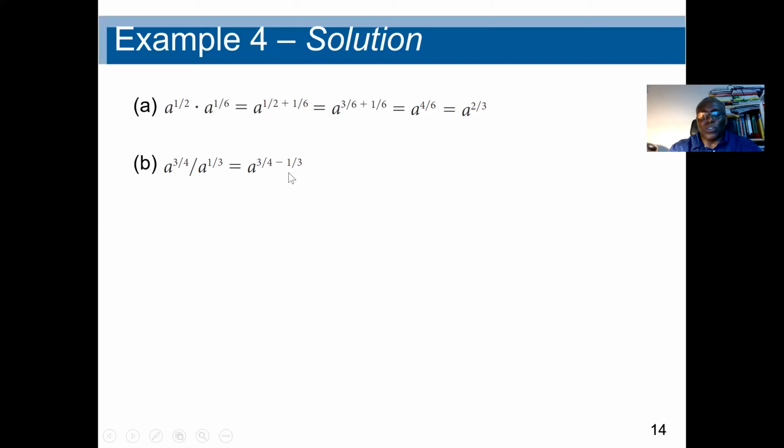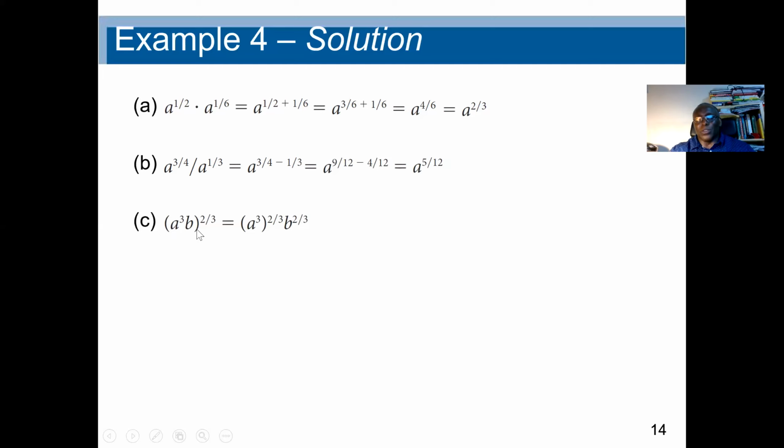And here we can also find the LCM of 4 and 3, that will give us 12. 4 can go into 12, that is 3. 3 times 3, that's 9, so we get 9/12. And the same thing here, 3 can go into 12, is 4. 4 times 1 is 4, so we get 4/12. Now, since the denominators are the same, 12, we combine the numerators. So we get 9 minus 4, and the answer will be 5/12.